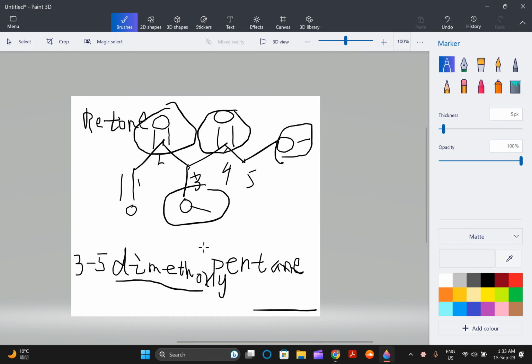And there's a suffix specifically for ketone, which is everything that ends with O and E. In this case, we have two of them. So what do you call this? Dione. And if we take a look at this one right here, we're missing a hydrogen, right? And we call it aldehyde.